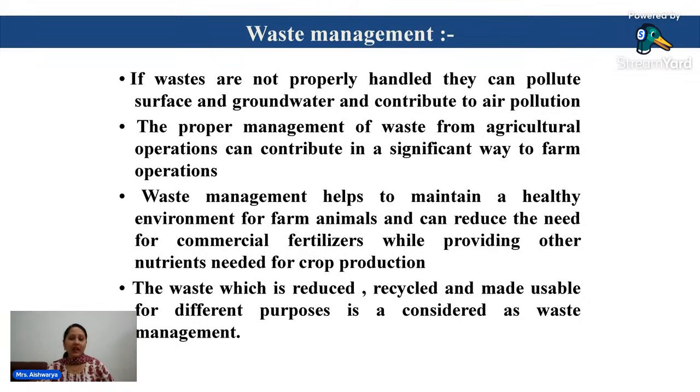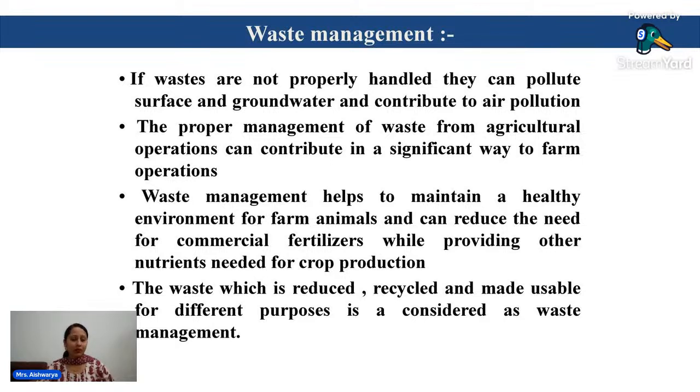Waste management helps to maintain a healthy environment for farm animals and can reduce the need for commercial fertilizers while providing other nutrients needed for production. Waste that is reduced, recycled, and made reusable is considered waste management, which is done out of agricultural practices.